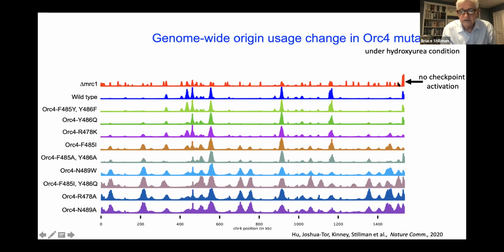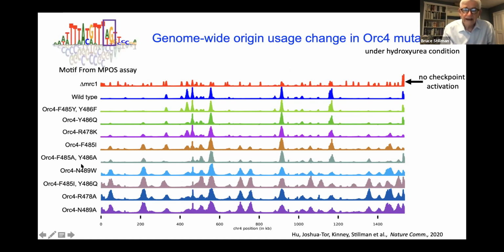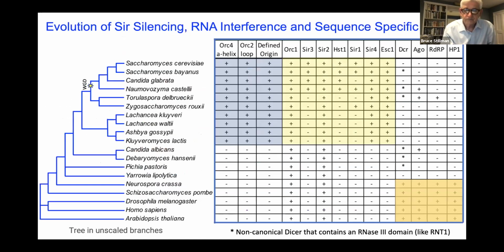All of these late origins do not fire, except in the checkpoint mutant. And when we analyzed all of these mutants, we found that in fact, this mutant here never fires at an origin that has an AG dinucleotide in this position. And so this validated with whole genome analysis the plasmid selection assay.